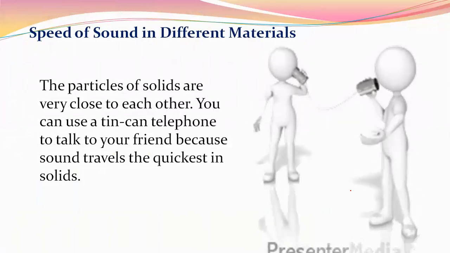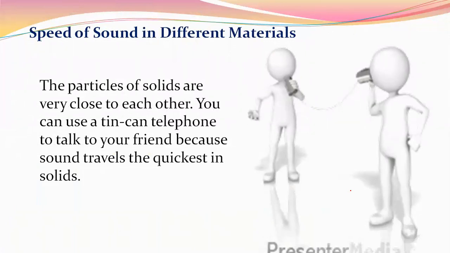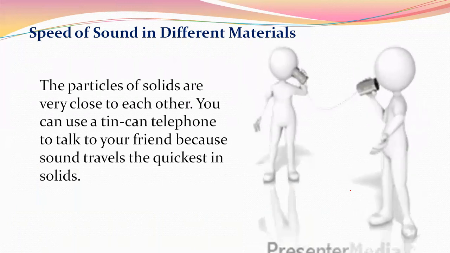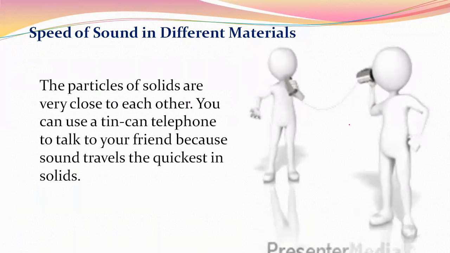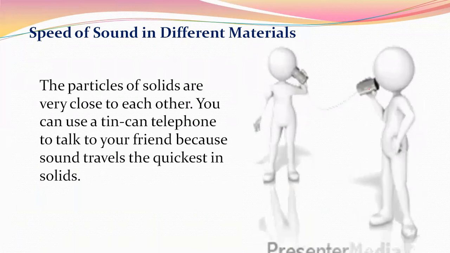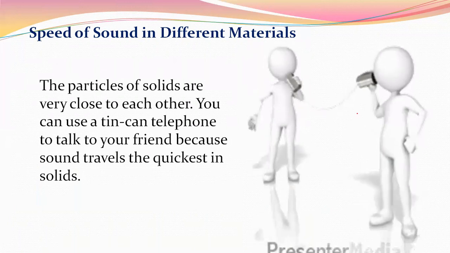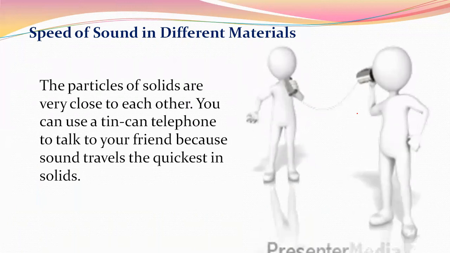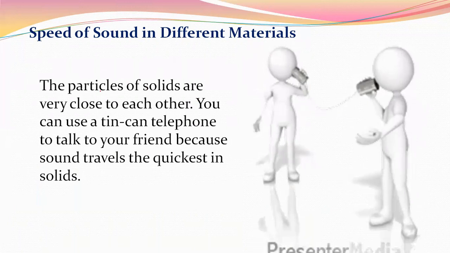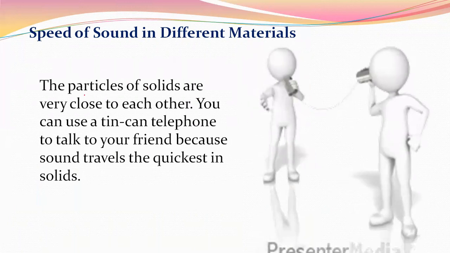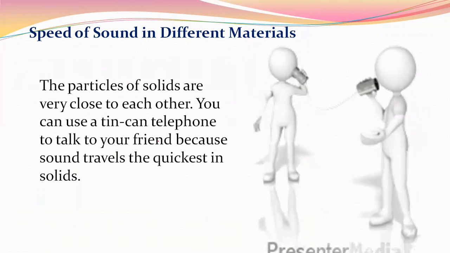There is a very good activity on the speed of sound in different materials. You can see this is the first telephone, which now we use for playing. We know that sound travels through particles, and particles of solids are very close to one another.